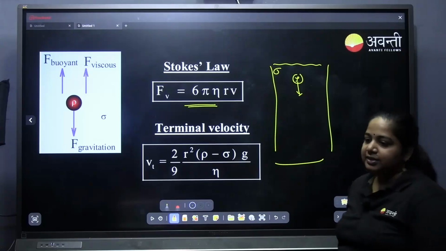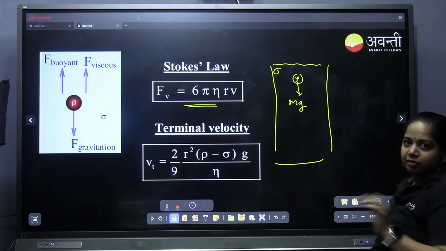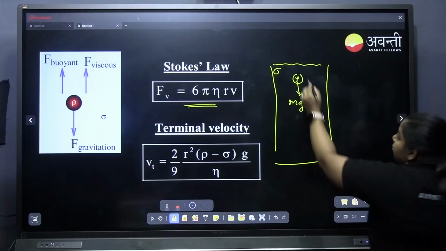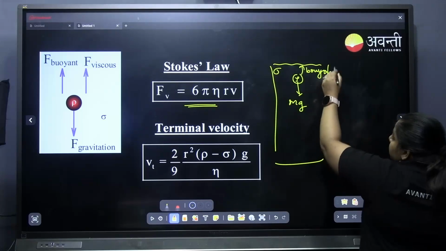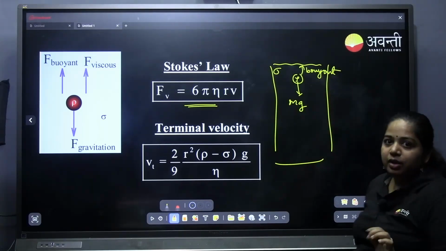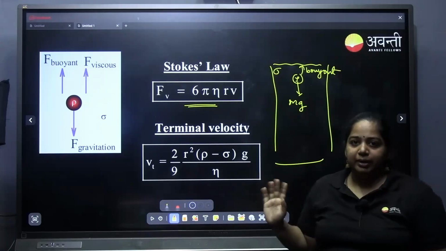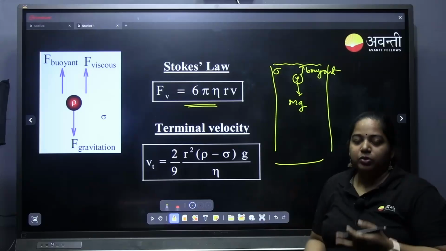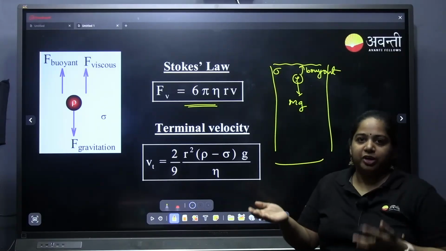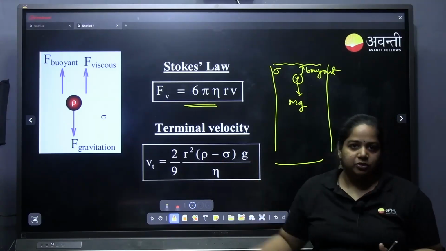In that case, it will have mg acting downwards, that we already know. Then the buoyant force acting upwards. Buoyancy is a concept we will learn in fluid mechanics, but we don't need that topic exactly. We know there will be an upward force, that is the buoyant force. That's why some objects float on the surface of water.